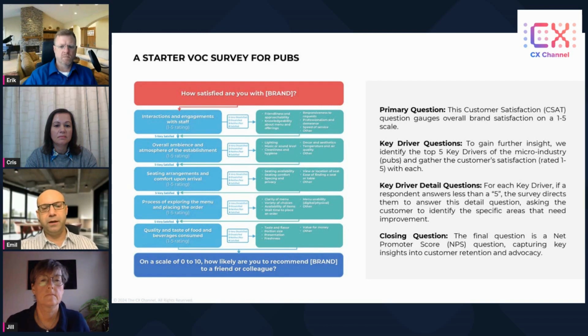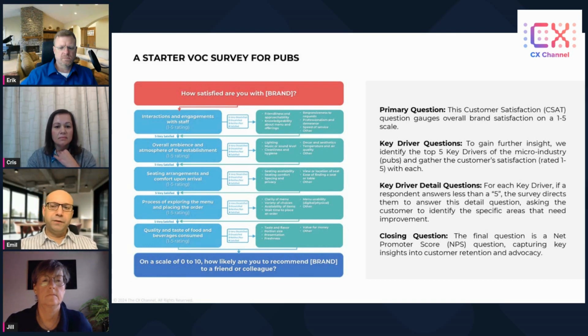And ultimately, we get to the 5th key driver question, which is the quality and taste of food and beverages consumed. The way we selected these questions was based on the frequency of these topics being talked about in the online reviews and ratings. And these 5 key drivers are really very often talked about.